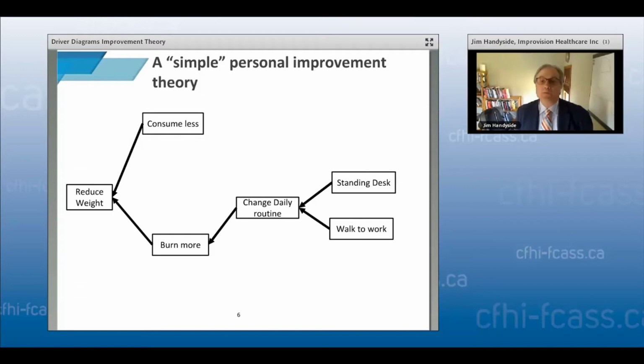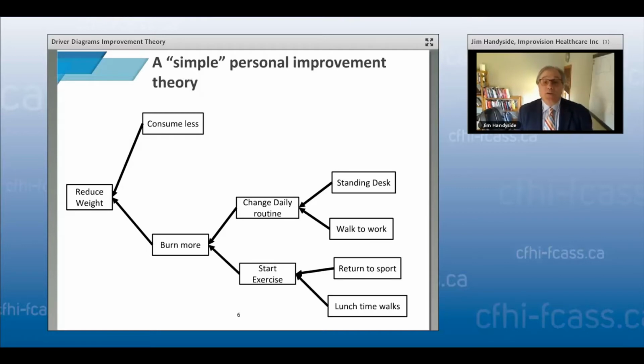One is to change my daily routine. A couple of early ideas there: use a standing desk like I'm using now, or walk to work. Or I could start exercising, so actually purposeful exercise. I used to do a lot of sports as a young man. I'd like to return to some sport and maybe find an opportunity to do some walking, like at lunchtime.